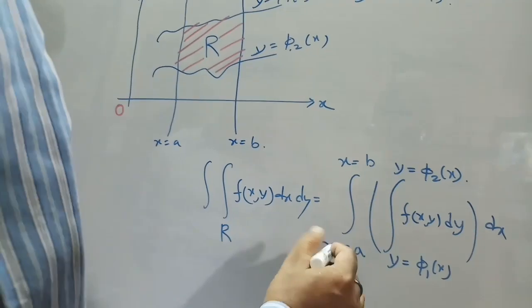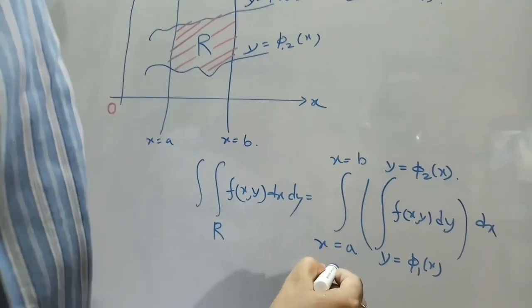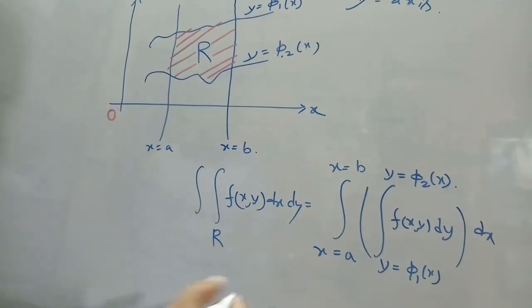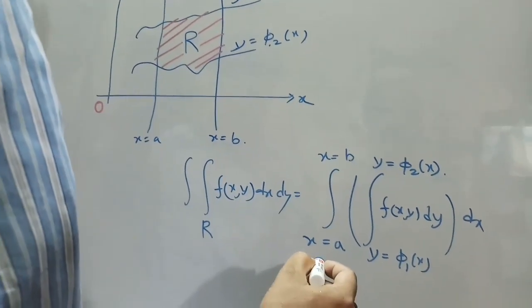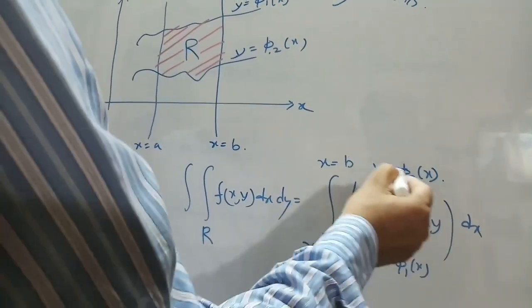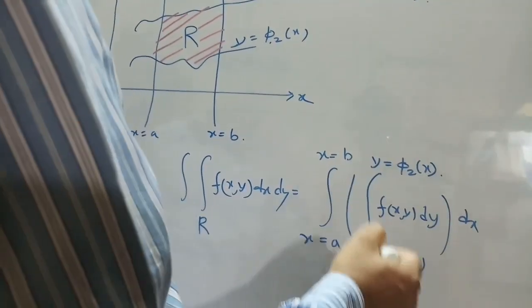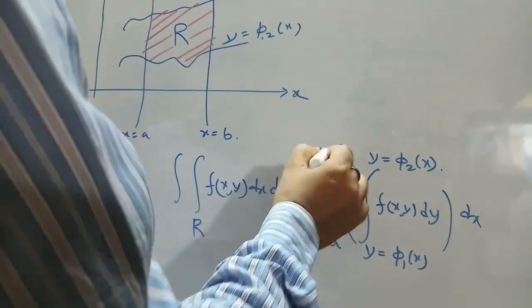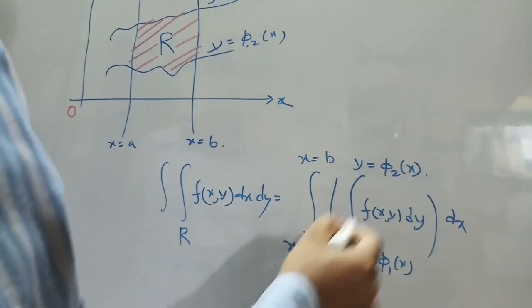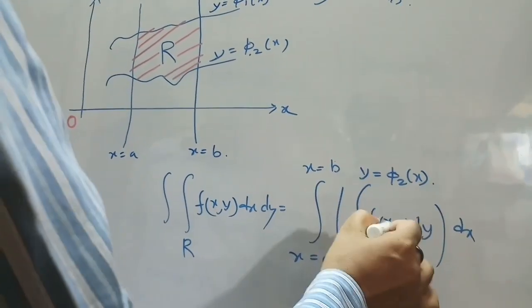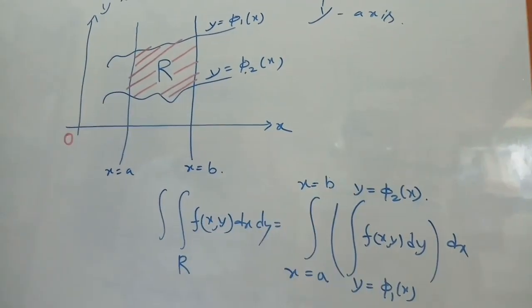Carefully notice, it is very, very important to remember that the last integral's limits must be constant. The first integral is the inner one, and after its value the last integral's limits must be constant.